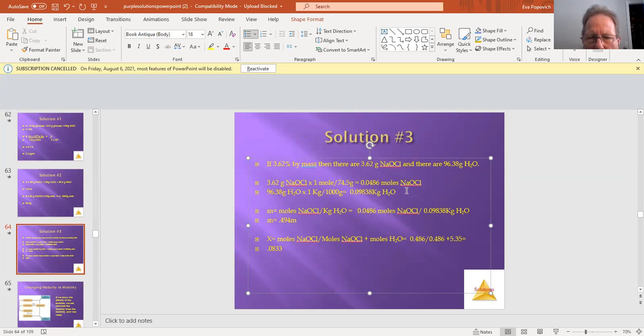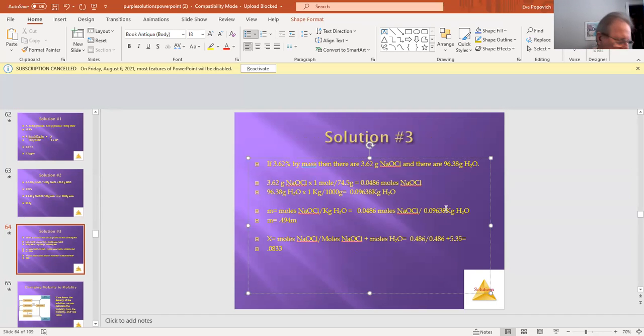I am going to find my moles of solute, which are 3.62 divided by the molecular weight of sodium hypochlorite, which gives me 0.0486 moles of sodium hypochlorite. I take my grams of water, multiply it by 1 kilogram over 1,000 grams. I get 0.09638 kilograms of water. For my molality, I take my moles of sodium hypochlorite divided by my kilograms of water.